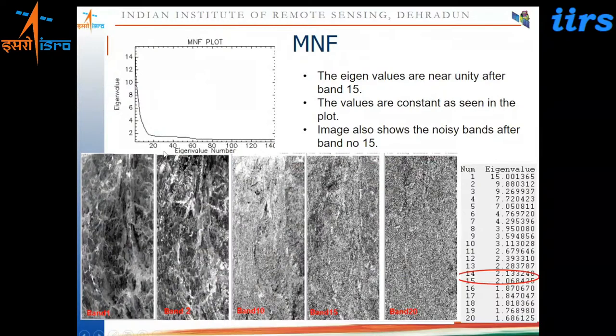So we are just selecting the first 15 MNF bands as the input for calculating the MNF statistics file or for further processing. Only the initial 15 bands will be sent back to the wavelength domain, not all of the 112, 120 or 40 bands.